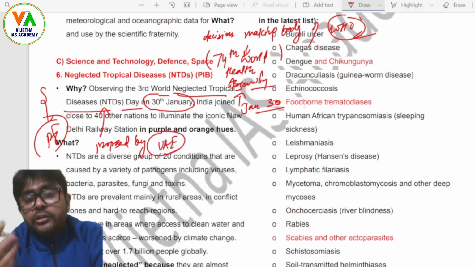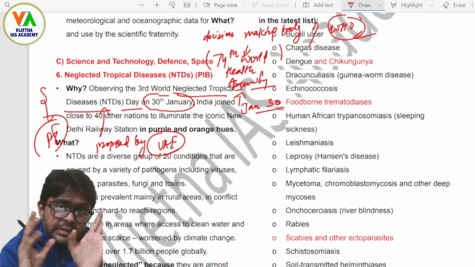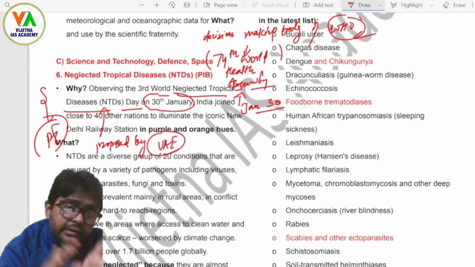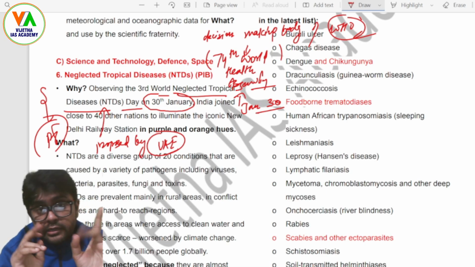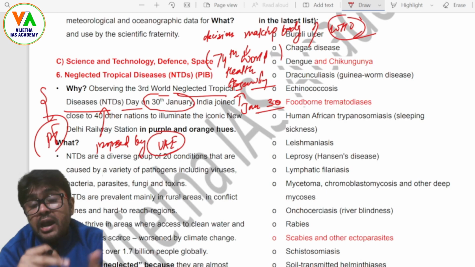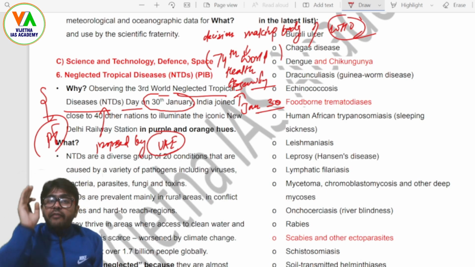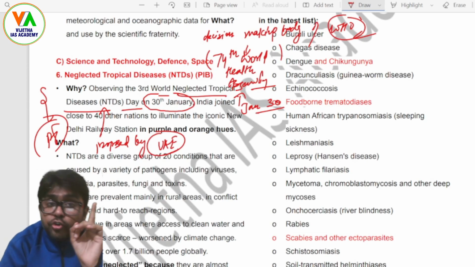Now let's get into the analytical part. Just listen to this as a form of story, what is happening in this context. Neglected tropical diseases are a group of infections that are most common among marginalized communities in the developing regions of Africa, Asia and Americas, especially in the tropical regions.